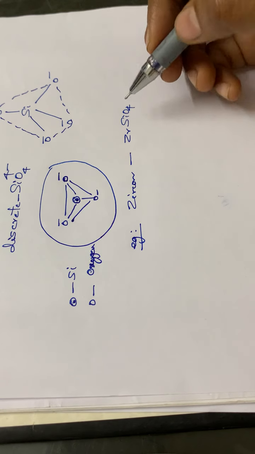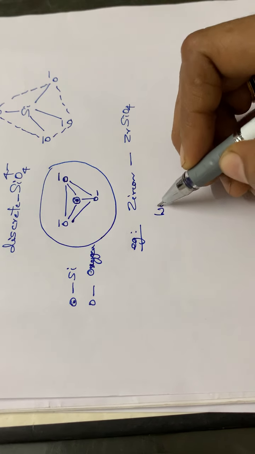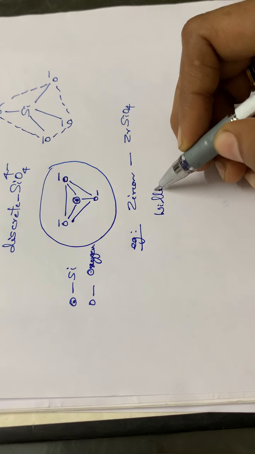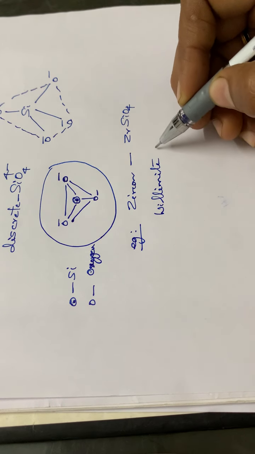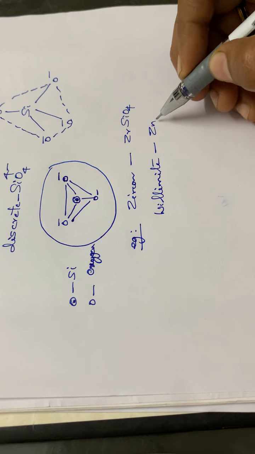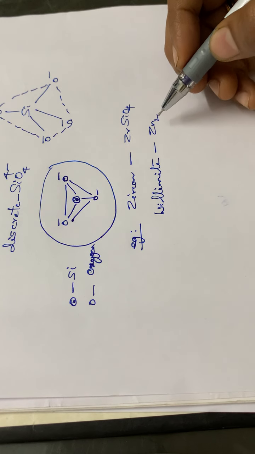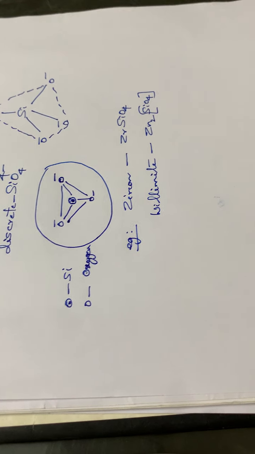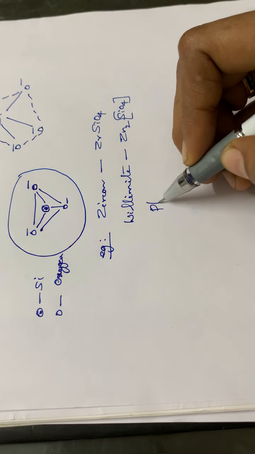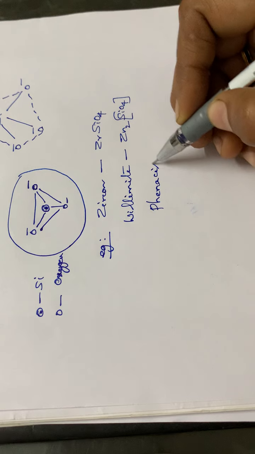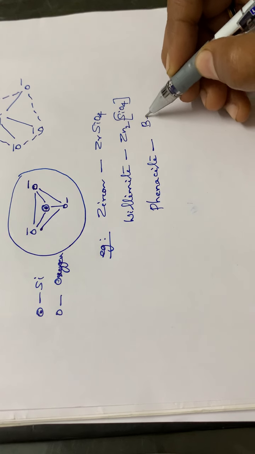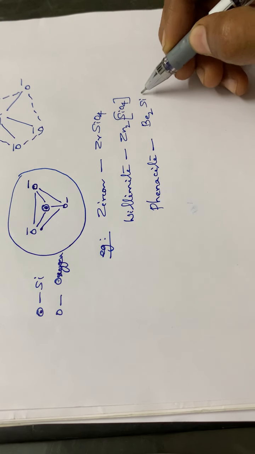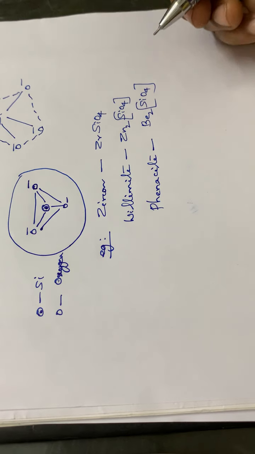Then the next compound is willemite, Zn2SiO4, a zinc silicate. Then phenacite, a beryllium silicate, Be2SiO4.